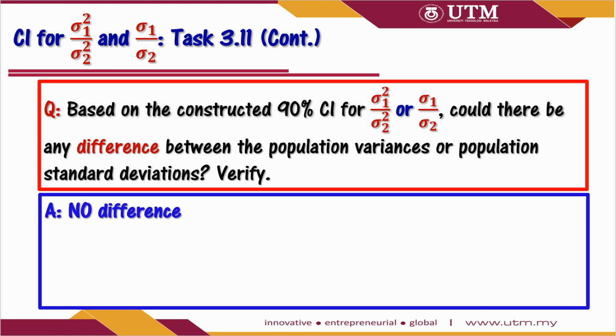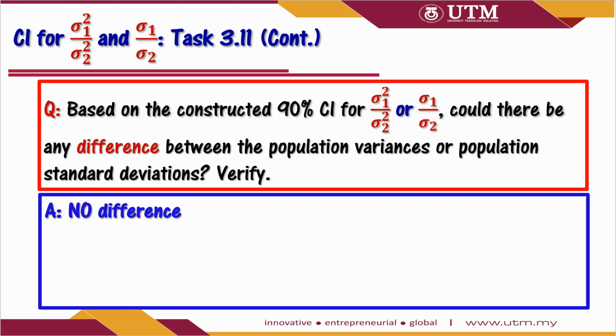Therefore, we can take a value 1 to be a reference value or an indicator, in this case, to verify if there could be any difference or not between the two population variances or between the two standard deviations.